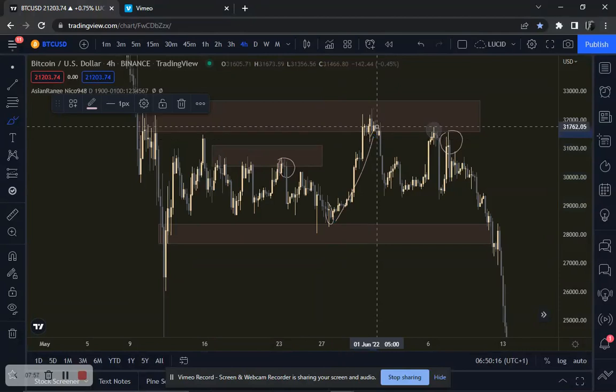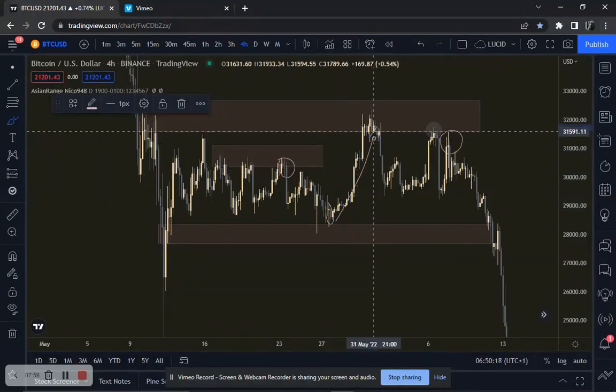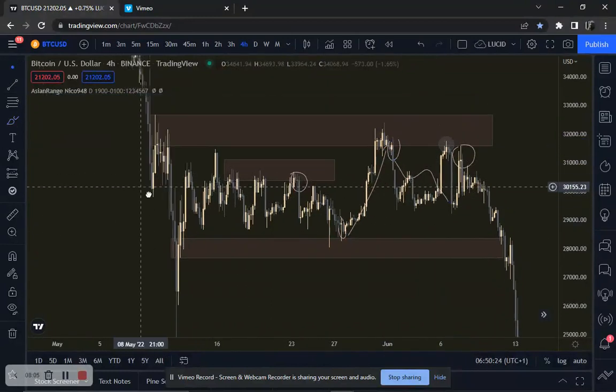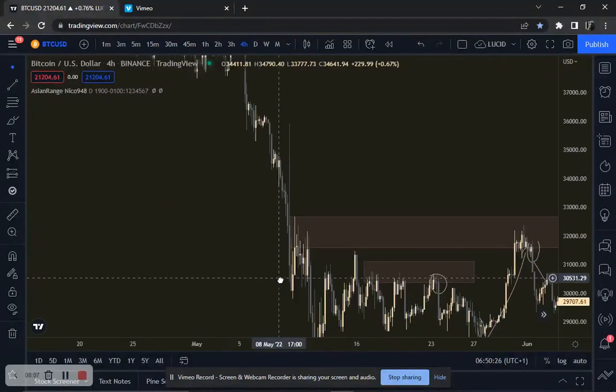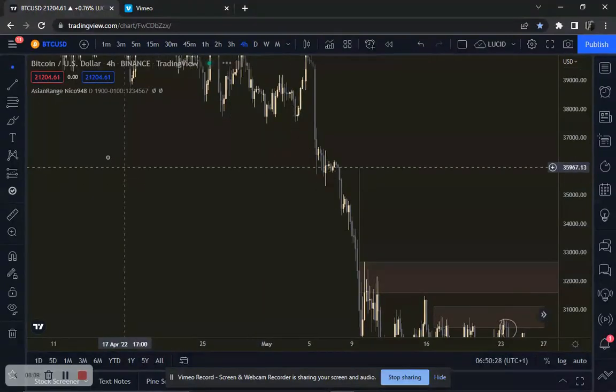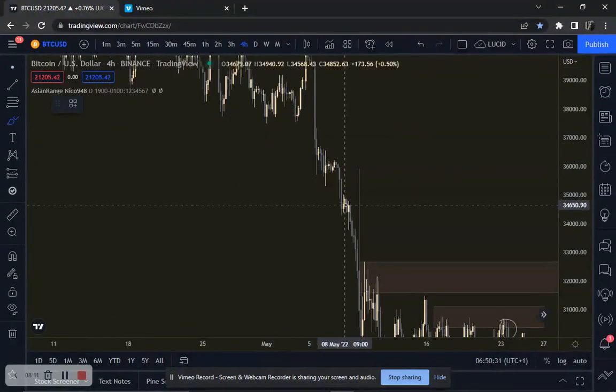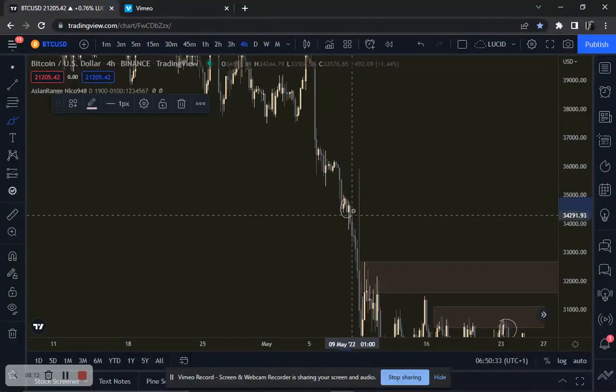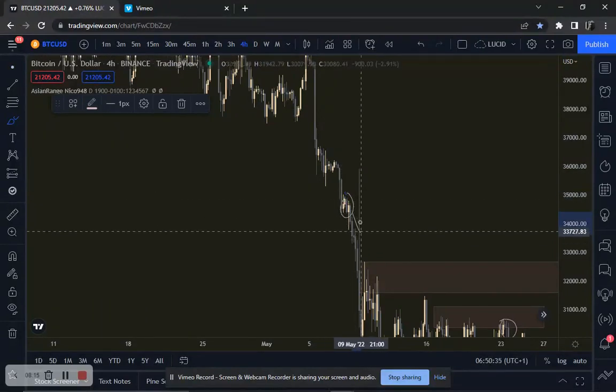Price pumped. We got this bearish engulfing. What did the price do? It continued down, right? We got this bearish engulfing bar. What did the price do? It dropped lower.